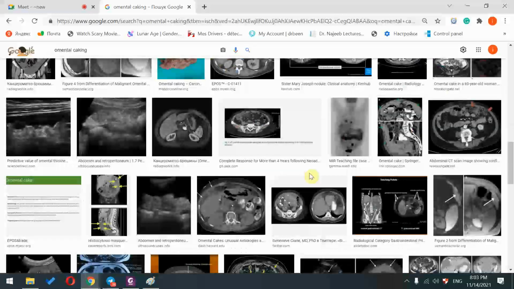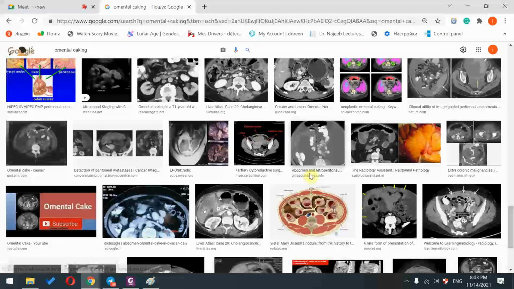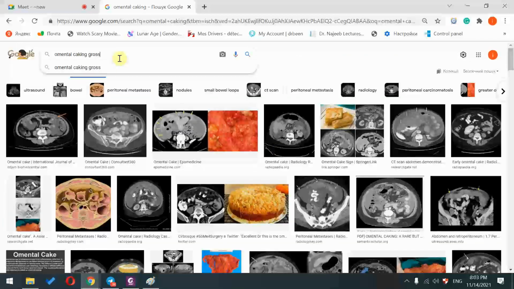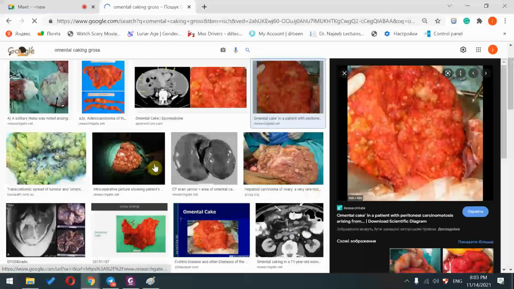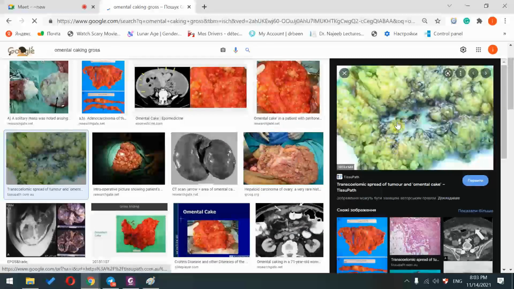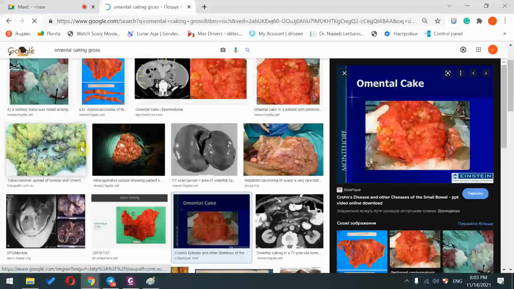We call that seeding. So if you take a look at a gross picture of it, it looks something like this. It's all over the place, as you can see in these pictures. Yep. So we call it omental caking.